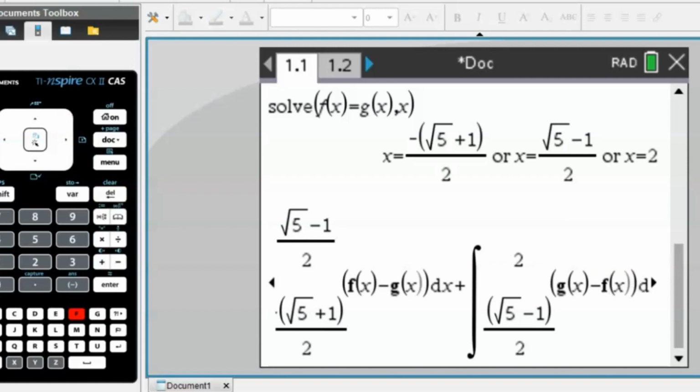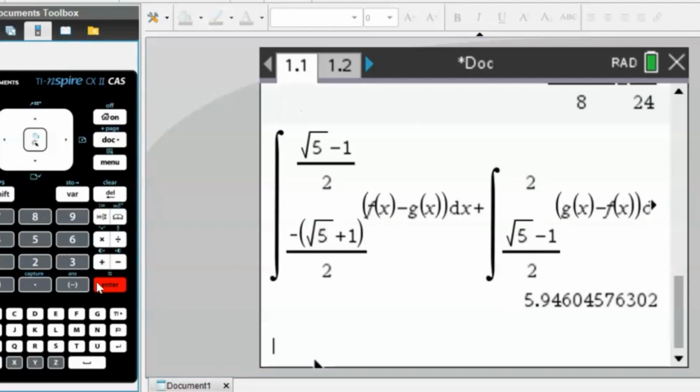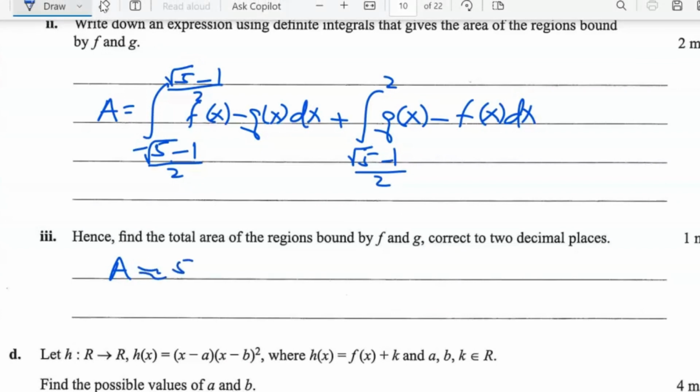Now that's f. We need correct to 2 decimal places, so that's going to be 5.95. The area is roughly 5.95 units squared.